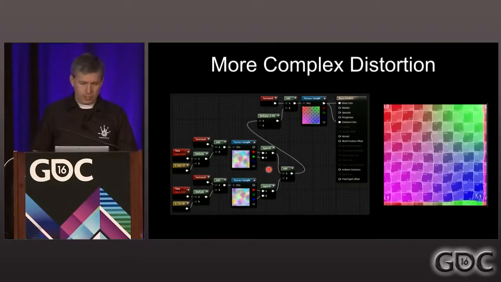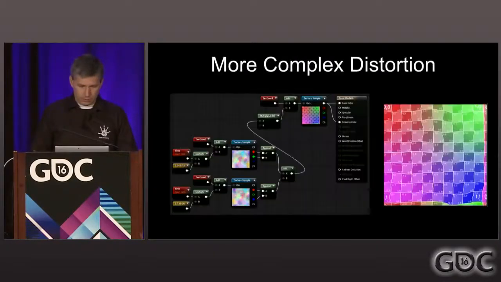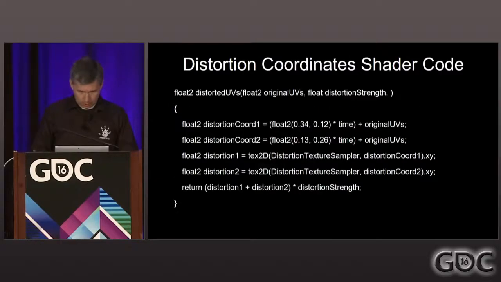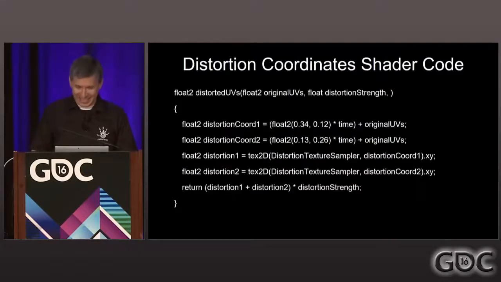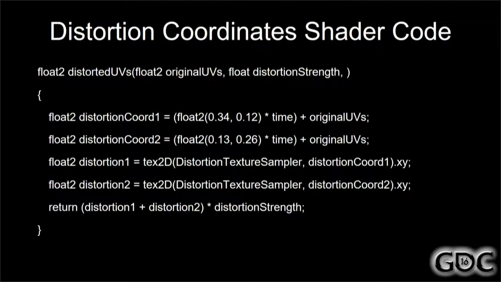All right, so as I promised, whoops, skipped it. Oh, that's interesting. Jeff, that slide's not supposed to be in there. All right, as I promised, here's what the code looks like.